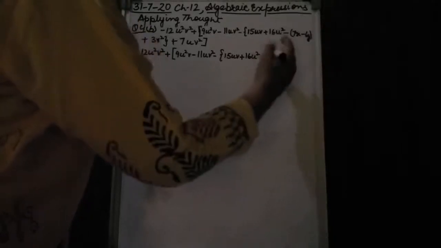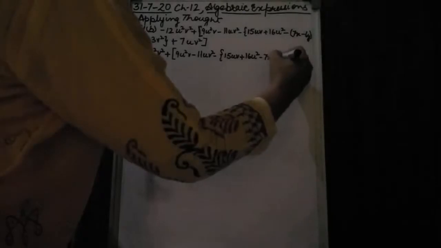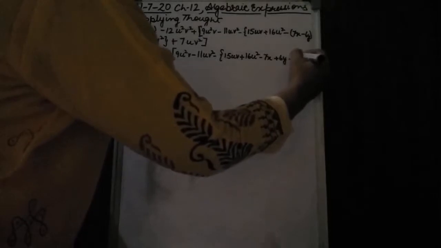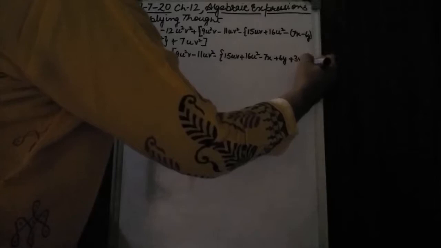Negative sign is there, so all the signs will change. Minus 7x and plus 6y, and after that it is plus 3v square and curly bracket closes plus 7uv square and the square bracket closes. So we have just opened this bracket, as the negative sign was there, so we have changed the signs of each term.